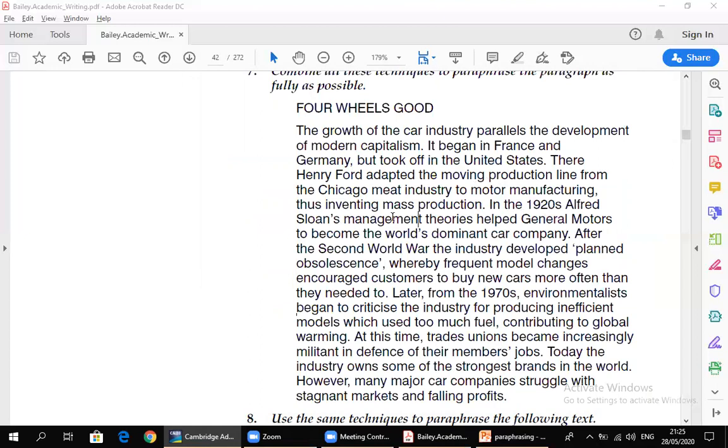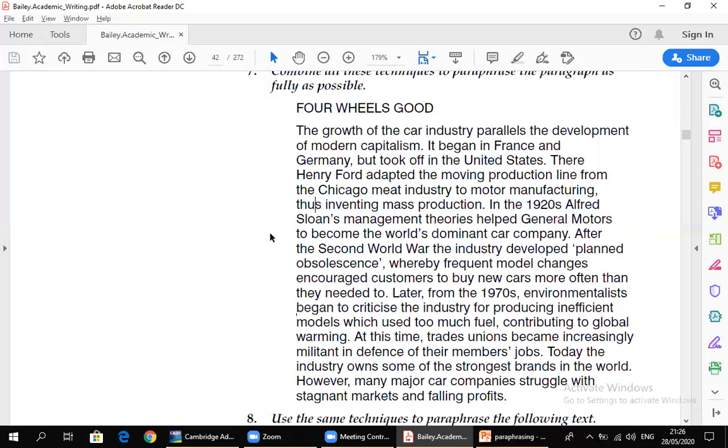Thus, inventing mass production. Okay, I believe we can do some change here. The word of mass production.